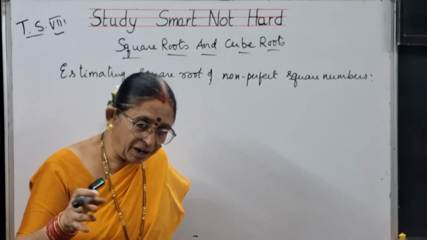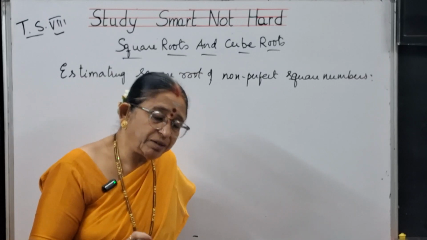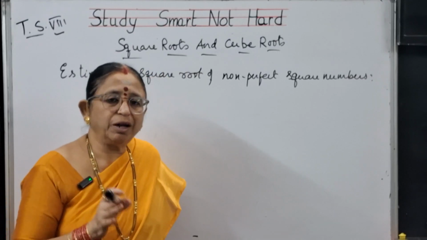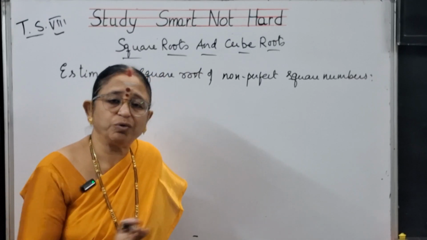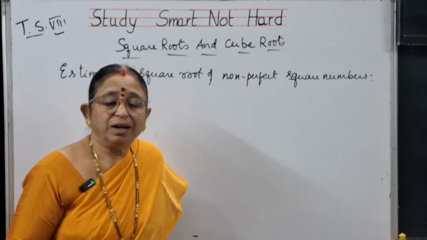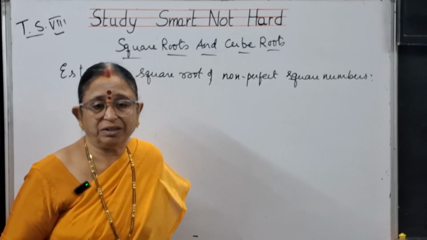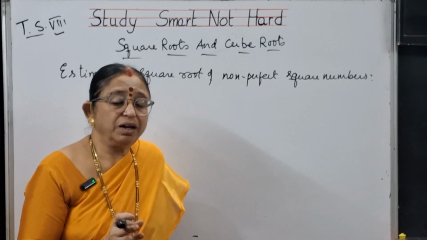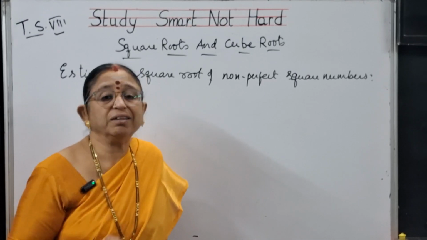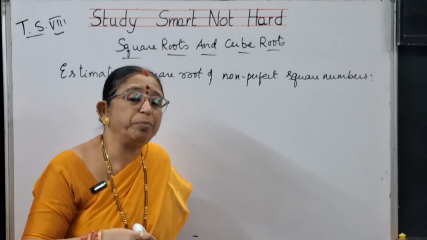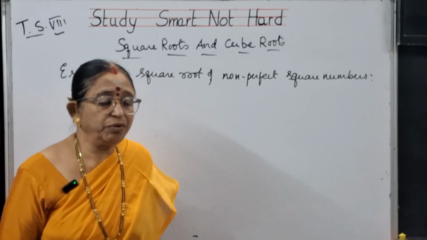But now they are giving non-perfect numbers. That means non-perfect square numbers means what? You don't find any square root for it. And you should find out what is the nearest square root for it. The nearest number for which you will be getting a square root. So the nearest perfect square number you need to find out.